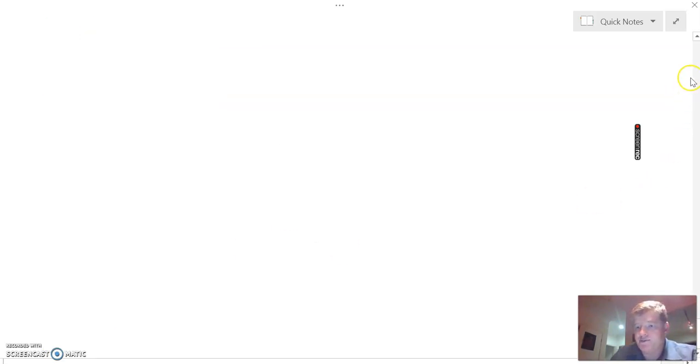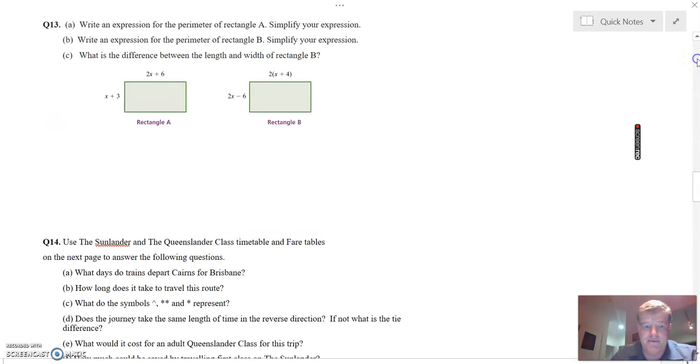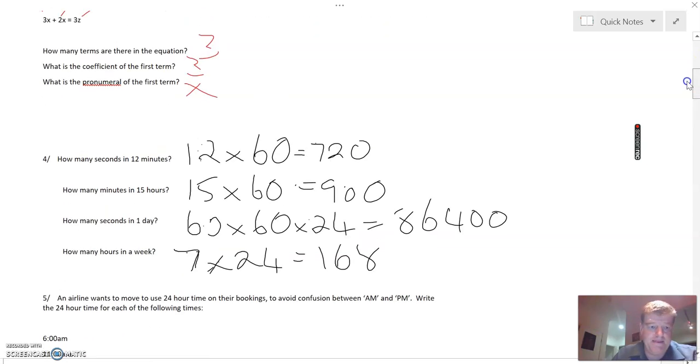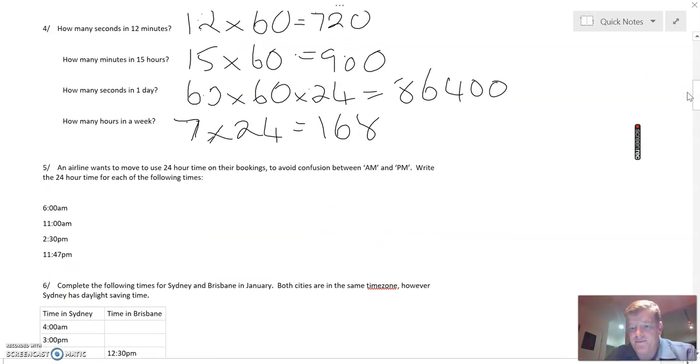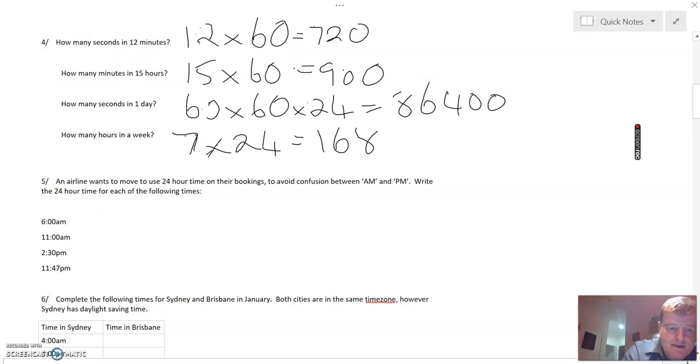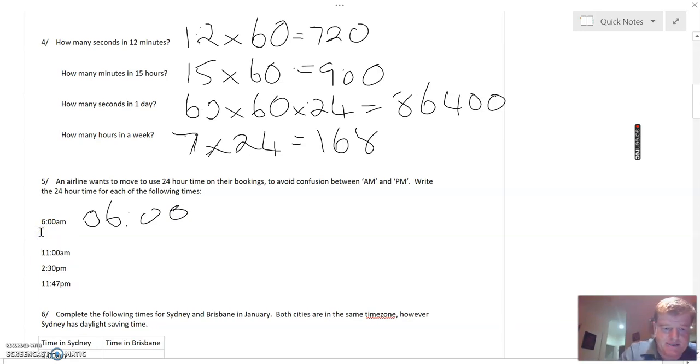24-hour time. 24-hour time is where rather than having AM and PM, we write everything from 0 o'clock at midnight through to 23:59, 1 minute before midnight. So 6 AM, we're going to write that as 6 o'clock in the morning. So it's going to be 6 hours into the day, 0600. 11 a.m. is also going to be in the morning, so we don't have to add the 12 hours to that.